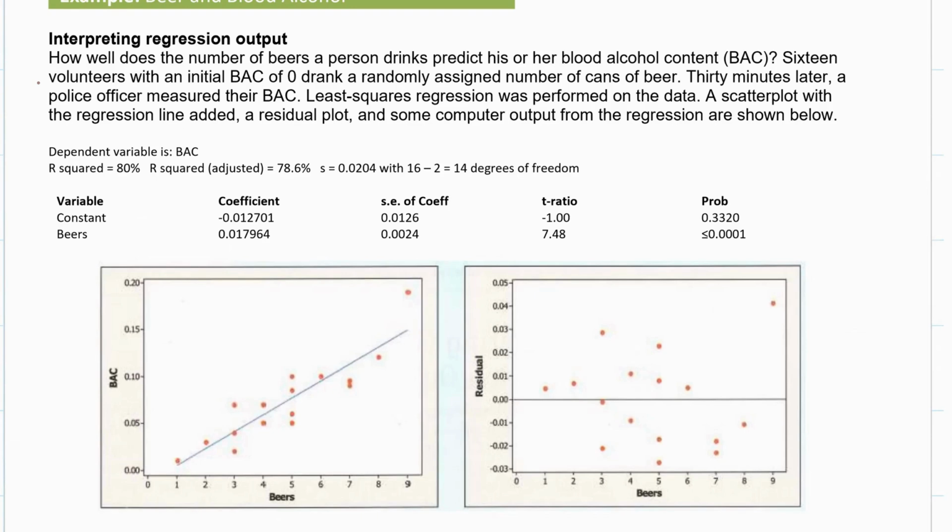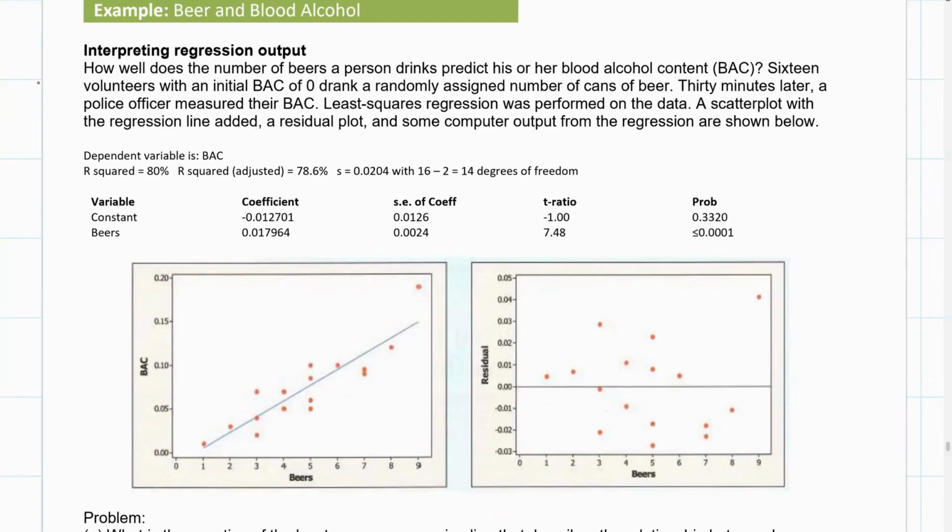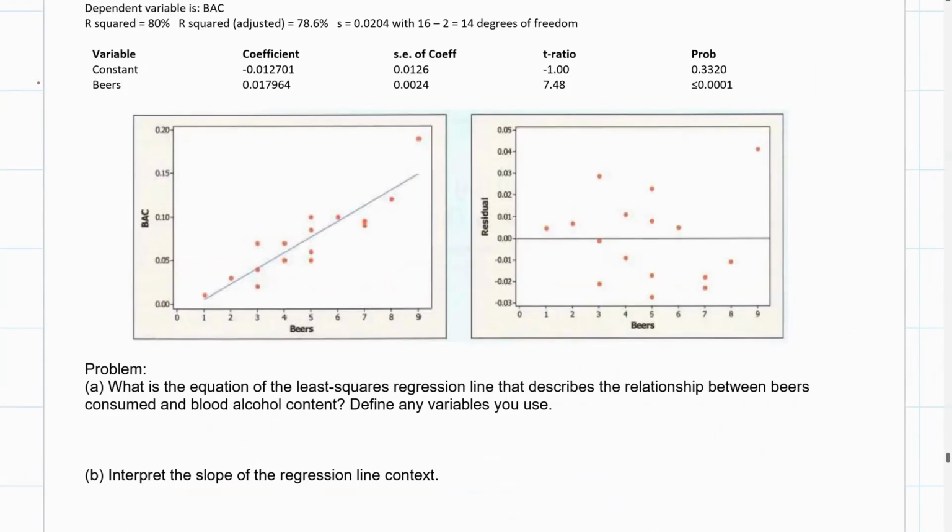All right. So, first question. What is the equation for the least squares regression that describes the relationship between beers and blood alcohol content? Well, we are trying to predict blood alcohol content.